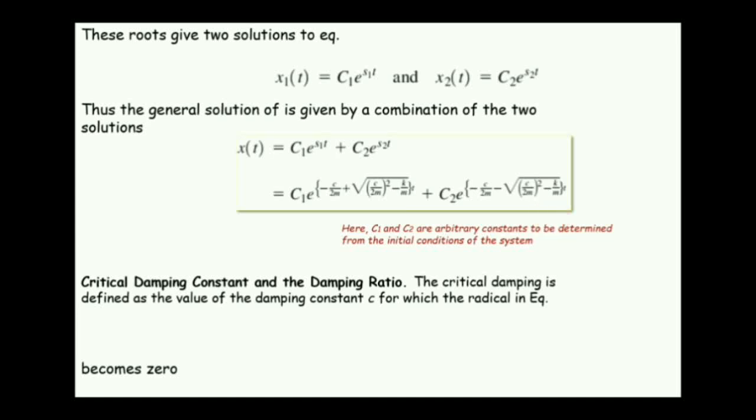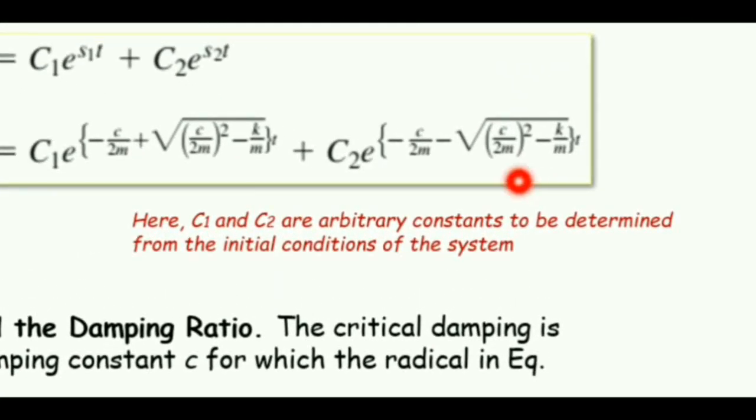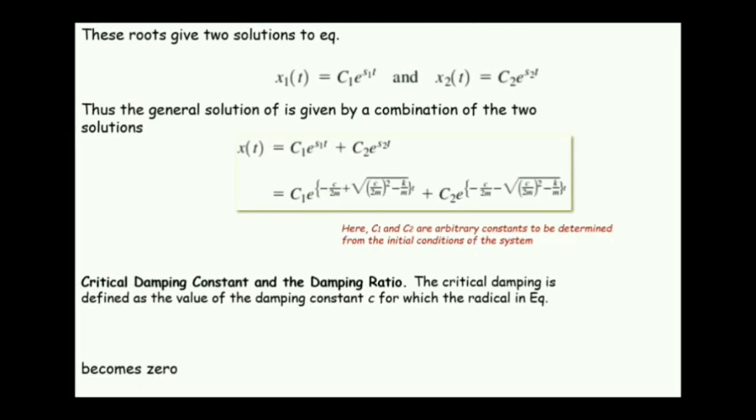So the critical damping coefficient is obtained when the term in the radical sign, that is (c upon 2m) squared minus k by m, becomes 0. Now if I set that term equal to 0, what I get is (c upon 2m) squared is equal to k by m.